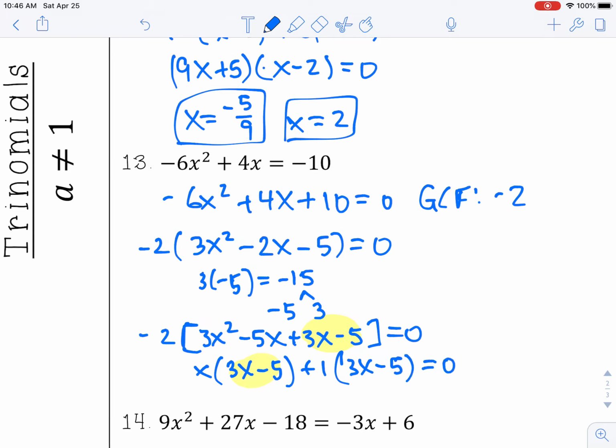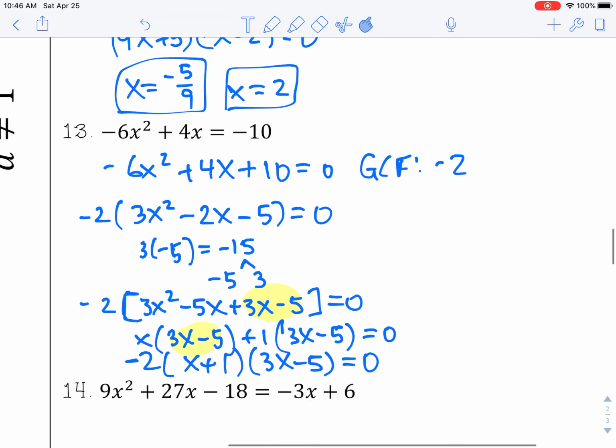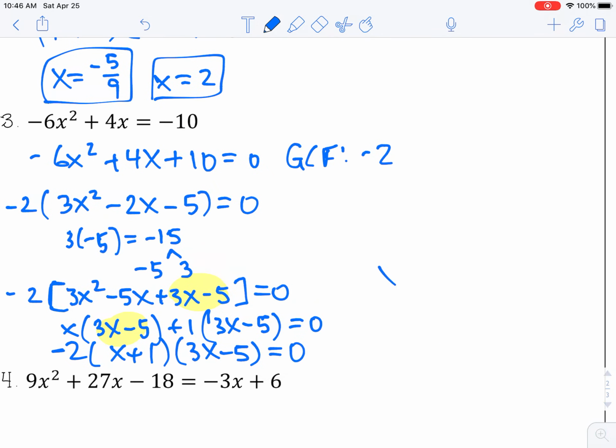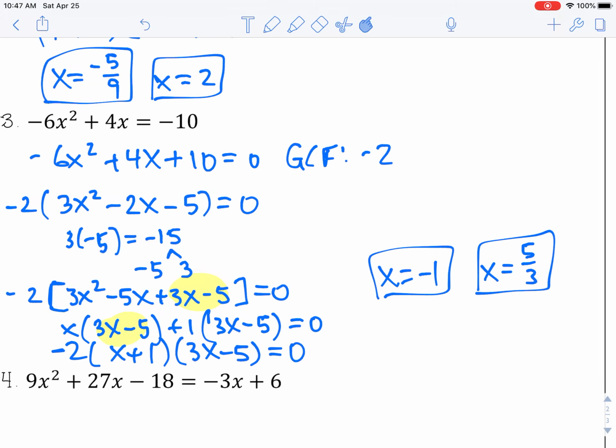So you get, and this negative 2 out front, it really doesn't mean anything. x plus 1. Set each factor equal to 0. You get x equals negative 1 and x equals 5/3.